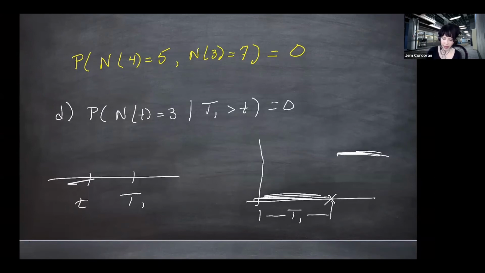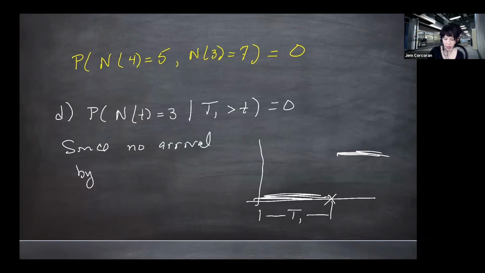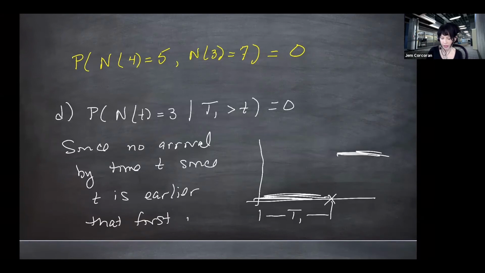And let me write that. So this is since no arrivals by time t, since t is earlier than the first arrival. If you'd prefer to use, well, I haven't shown you yet that the Poisson process is Markov.